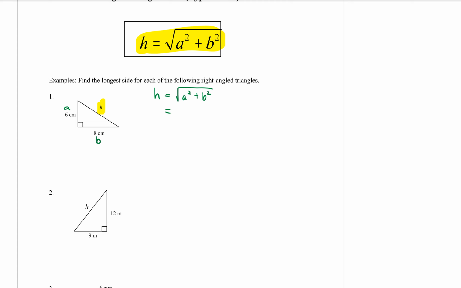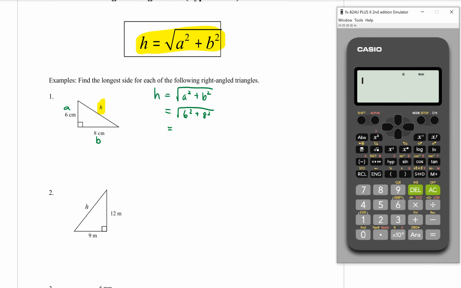Big square root sign. A is 6, so 6 squared plus, and the B is 8, 8 squared. So there should be 3 lines: formula, substitution, which is what I've just done, and the last line is to calculate it. So you get your calculator out, big square root, 6 squared plus, you all know where your squared button is?